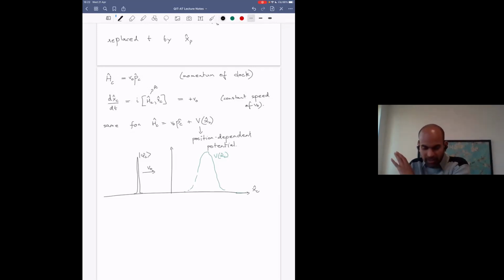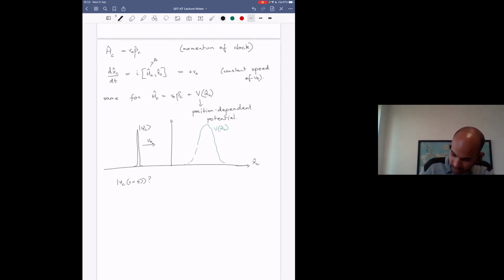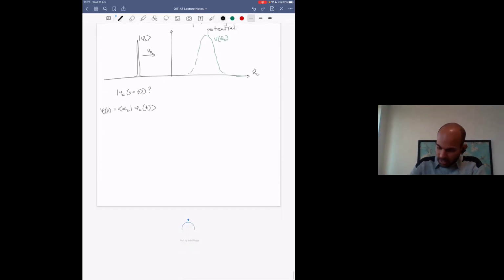And then it moves to the potential, and I consider what is psi c as a function of time. Or equivalently, I can look at the wave function, psi c of x, which is equal to x_C times the state at time t.